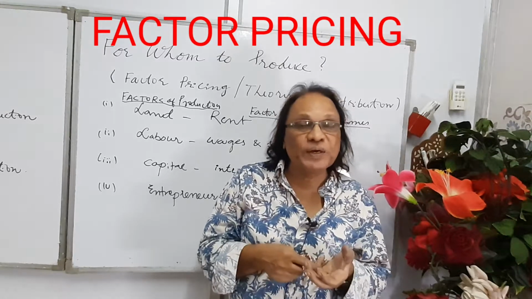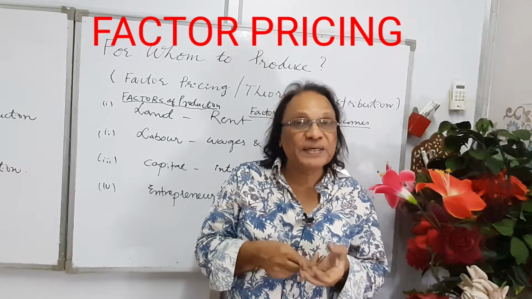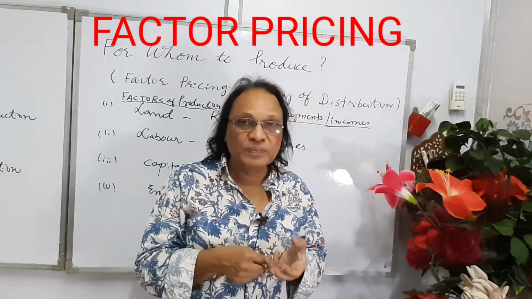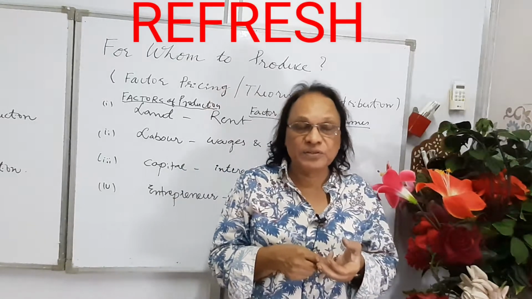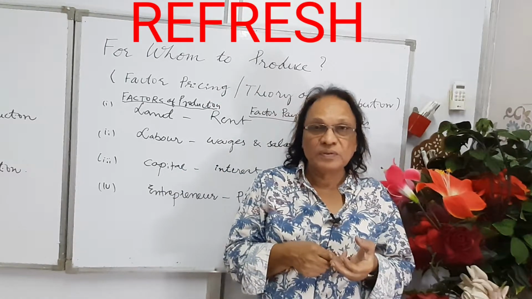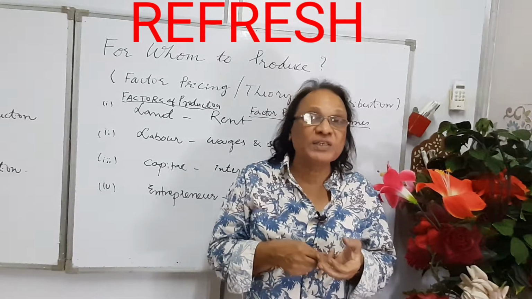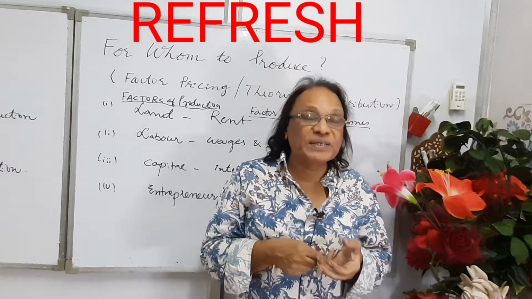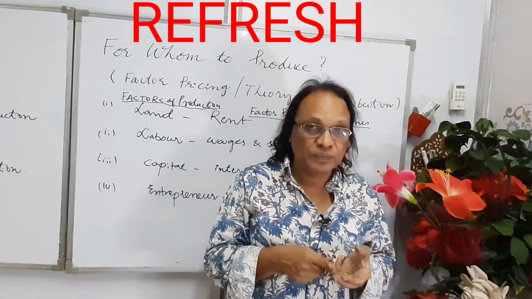The first topic we discussed was the basic economic problem. What is the basic economic problem? How does it arise? To recollect, the basic economic problem is the problem of choice because of unlimited wants and limited resources which have alternative uses.